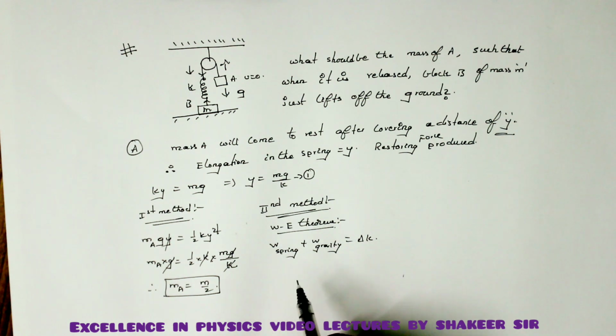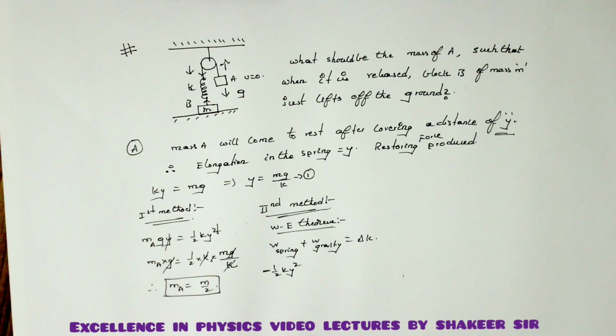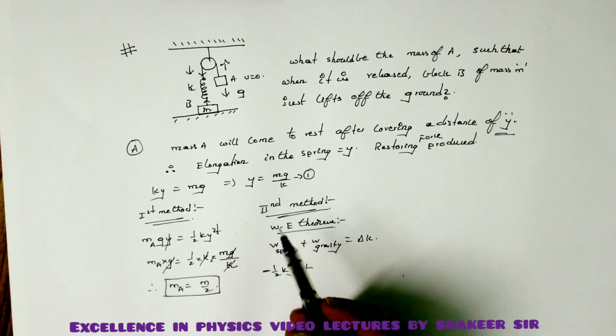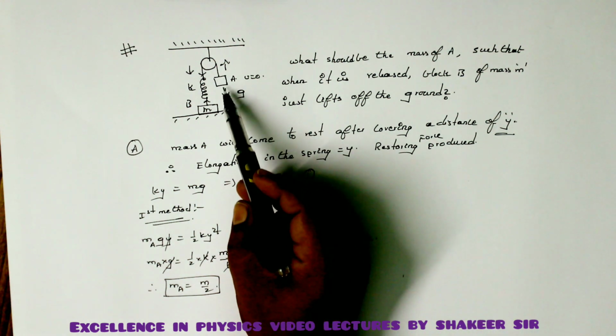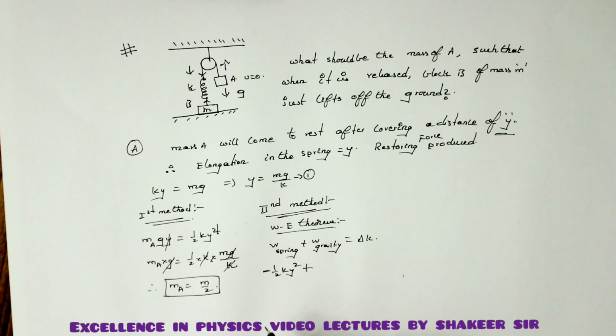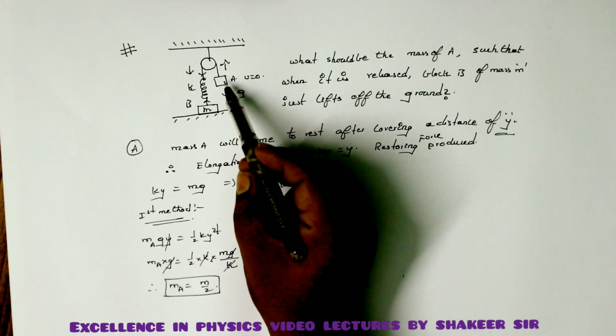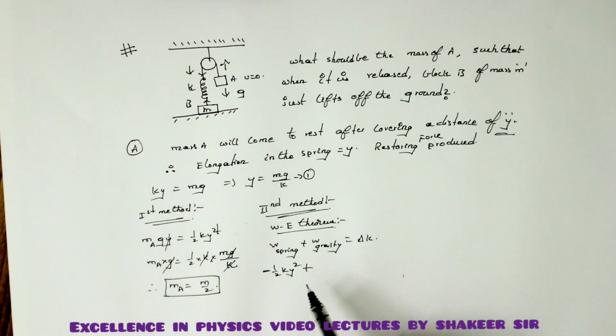Because the spring is elongated from the mean position, the work done by the spring will be equal to minus half k y square for an elongation of y. And the work done due to gravity: the gravitational force will do work on this mass because this mass will come down by a distance of y here. The gravitational force is acting downwards, this body also comes down, so the work done by gravity will be positive.